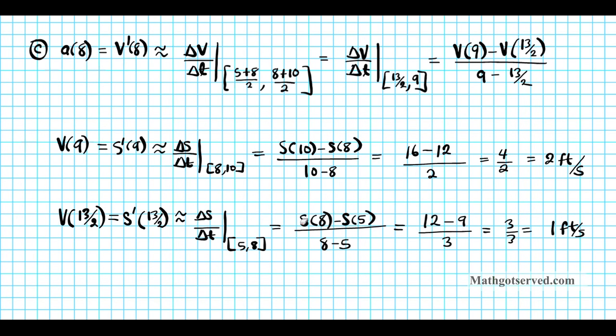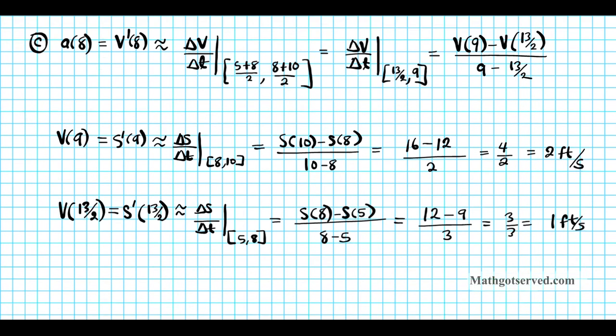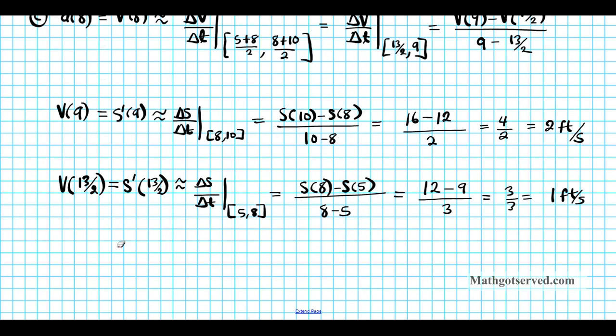Alright, now we have all the information that we need to approximate our instantaneous acceleration. So let's rewrite what we had upstairs. A of 8 is approximately V of 9 minus V of 13 over 2, divided by 9 minus 13 over 2.